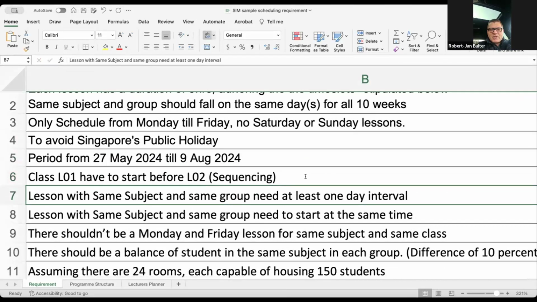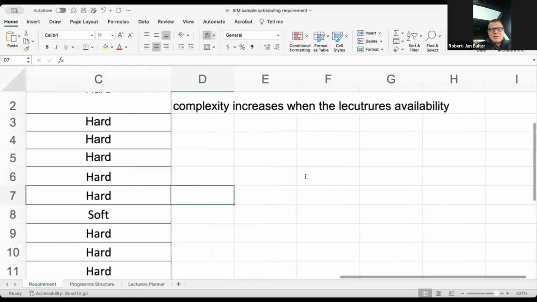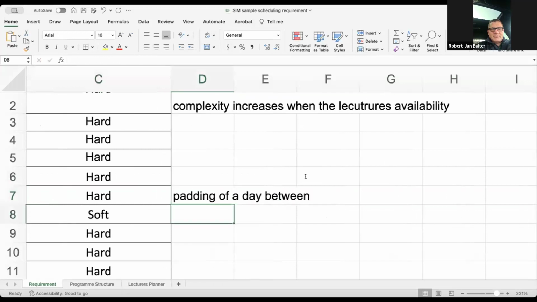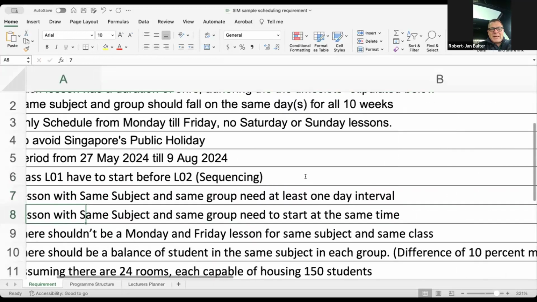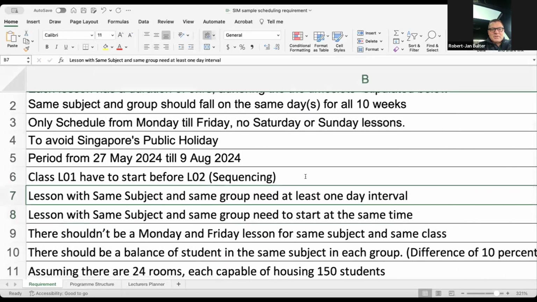A 1 day interval, we have functionality for that, which is the name padding. So we can say, let's say lesson L01, there needs to be a 1 day in between for L02, then we just add a padding of 24 hours, for example.